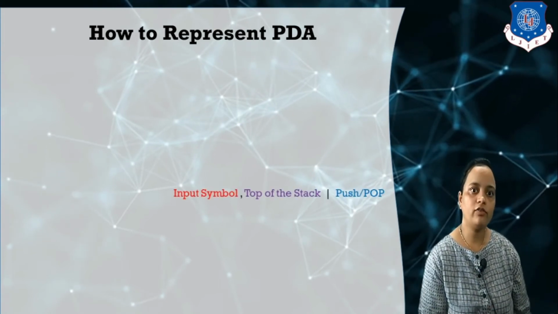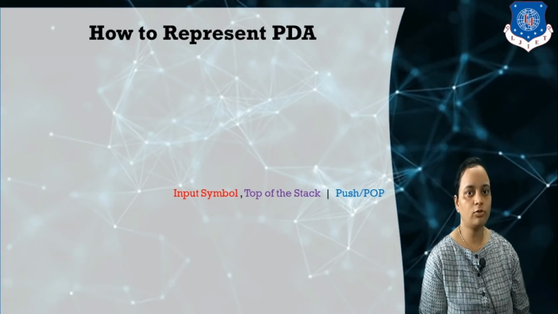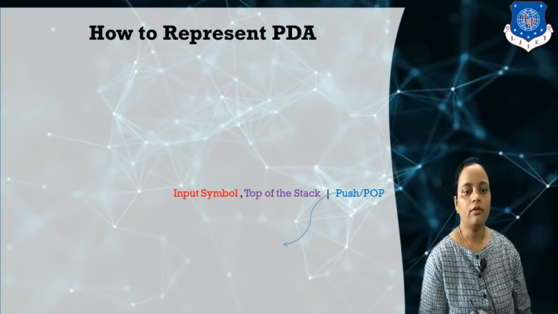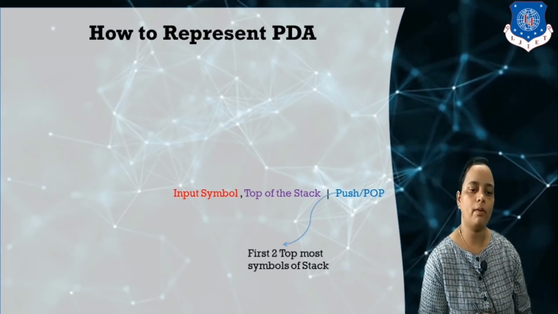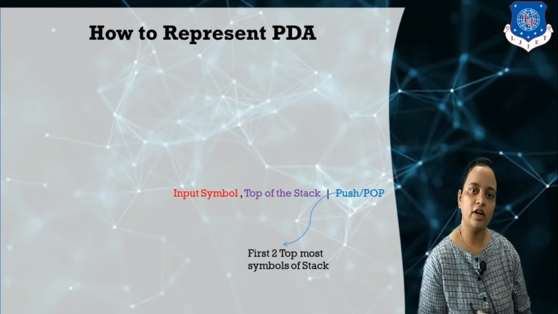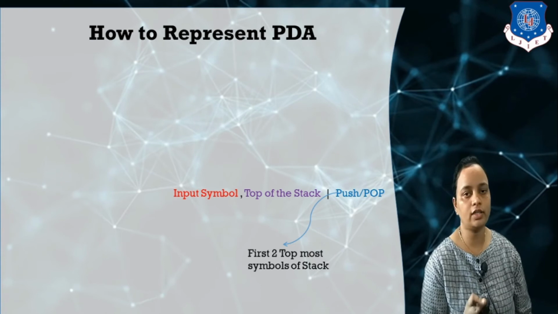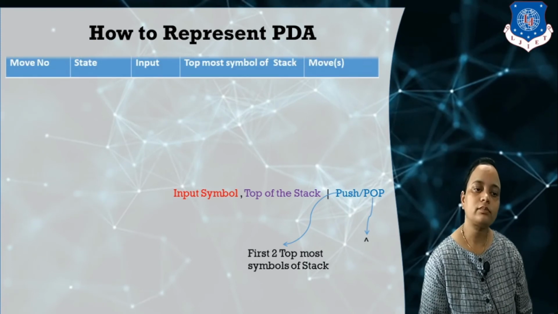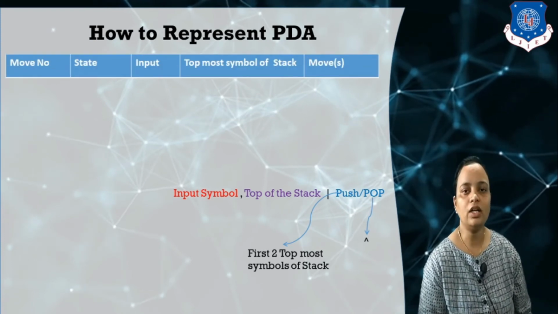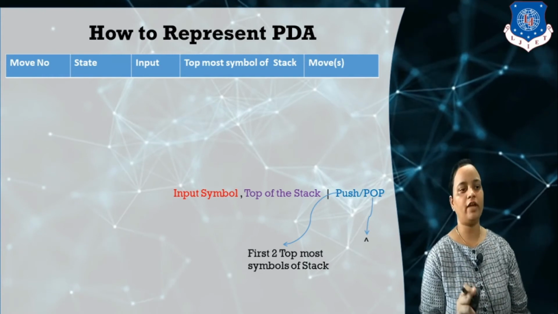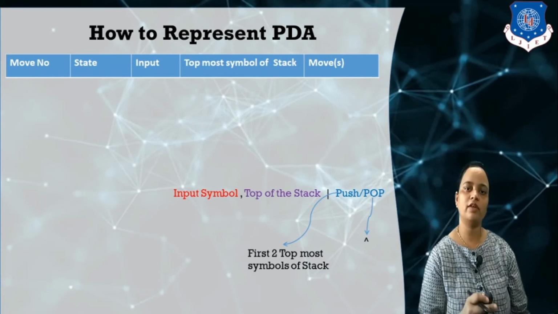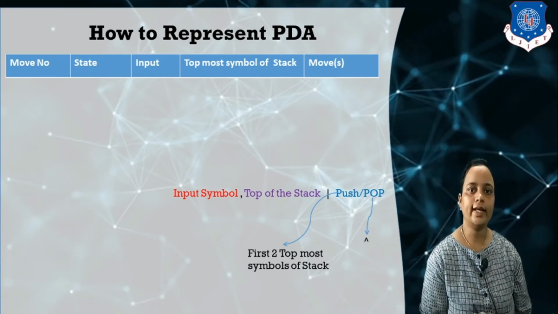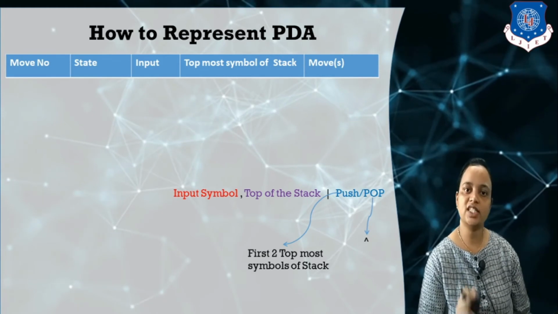In a transition we have to remember what input symbol we are going to read, what the topmost symbol contains, and whether we perform a push or pop operation. In a push operation, it reads the first two topmost symbols after inserting the input symbol, and pop is defined by null. So the transition table contains 5 things. The first is the move number, where we give numbering: first, second, third. Second is the state.